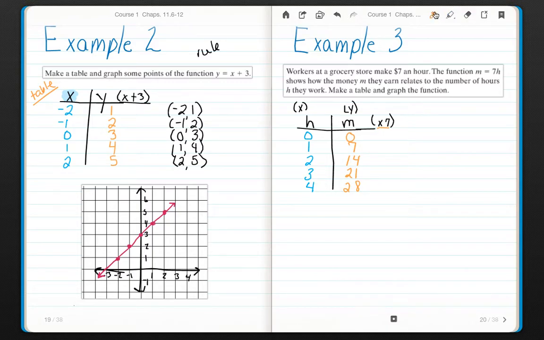So I'm going to go ahead and draw my graph now. Now, this is a real world problem, which means I can't earn negative money and I can't work negative hours. So this is going to be what we call a first quadrant graph.